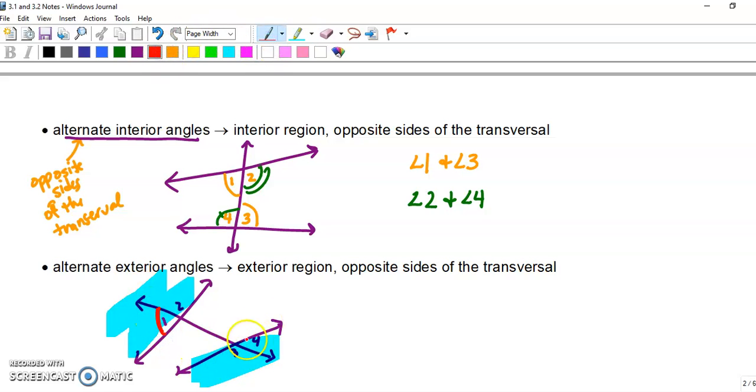So the one down here on the other side of the transversal would be angle 4. And the same way, angle 2 would be an alternate exterior with angle 3. So alternate, opposite sides of the transversal; exterior, outside of the two lines.